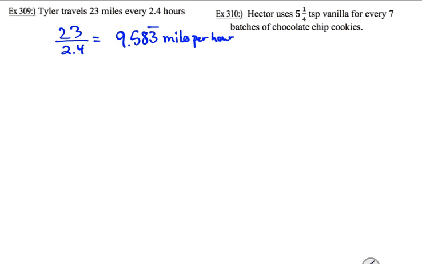Okay, let's look. Hector uses 5 1/4 teaspoons of vanilla for every 7 batches of chocolate chip cookies. So that's 5 1/4 divided by 7. How might I take care of this? Let's do that as 5.25.